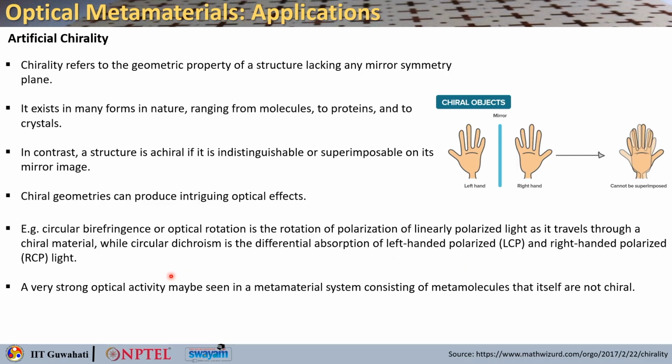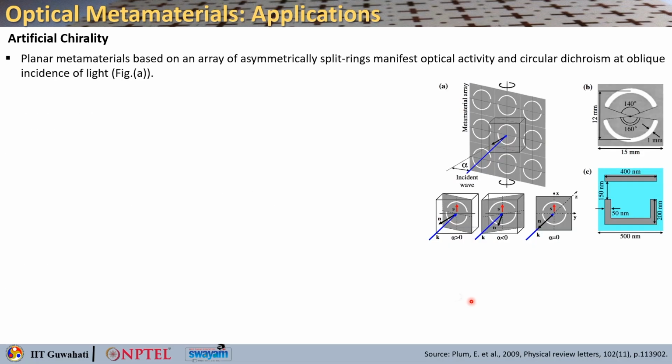A very strong optical activity can be seen in a metamaterial system consisting of metamolecules that themselves are not chiral, but still because of the orientations you can create artificial chirality in it.